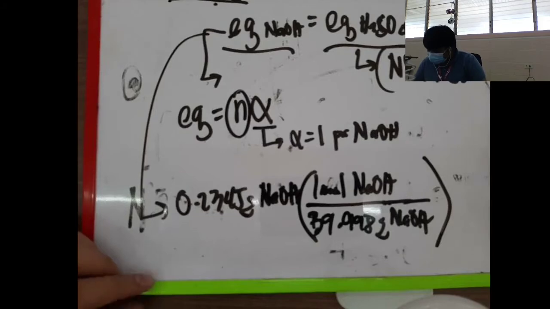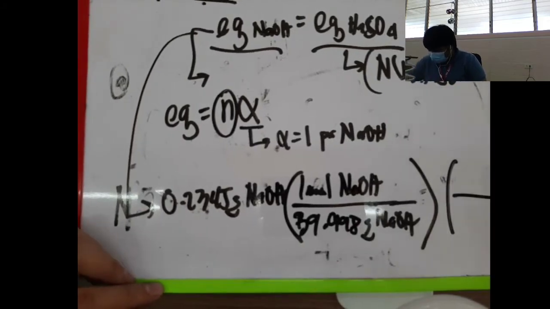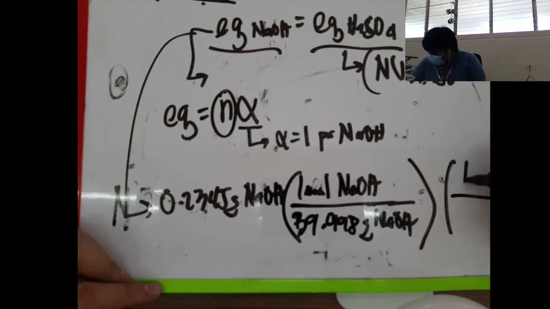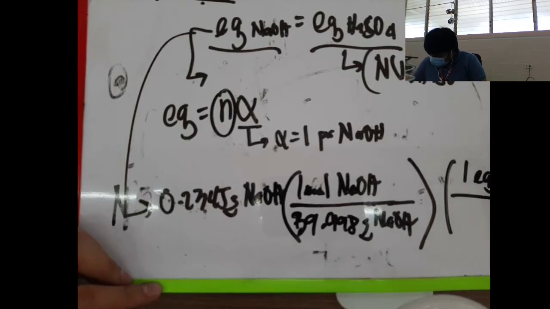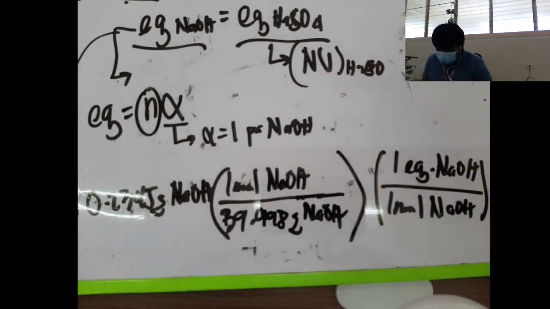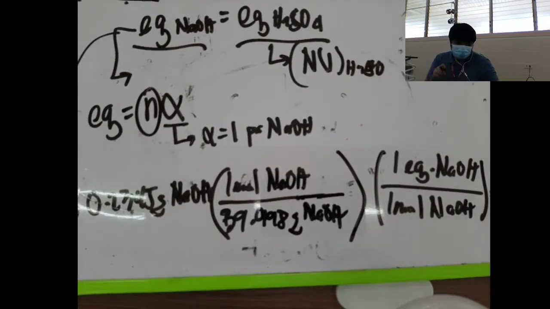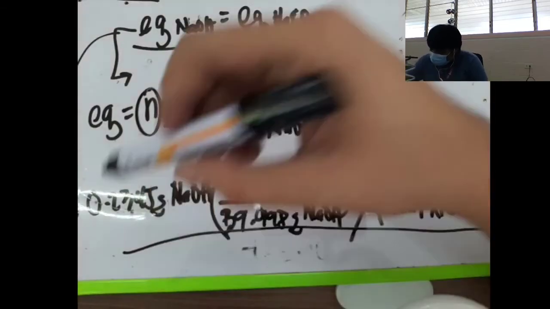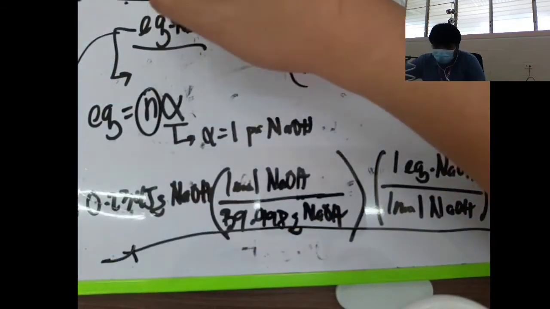Then multiply this by alpha. Remember that the unit for alpha is equivalence per mole. So 1 equivalent of sodium hydroxide is equal to 1 mole of your sodium hydroxide. Okay, we'll not answer that now. So we have obtained this expression, right? We substitute this to this one here.